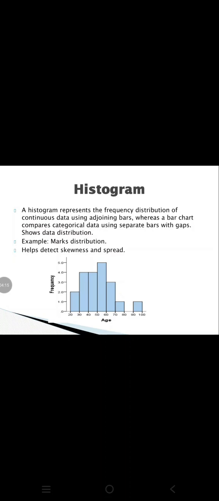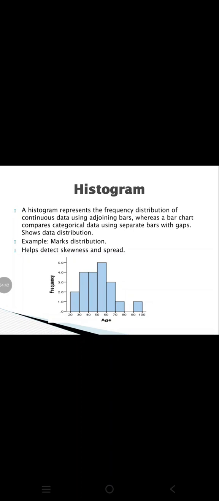The x-axis represents age groups or age intervals such as 20 to 30, 30 to 40, 40 to 50, and so on. The y-axis represents the frequency, which shows the number of people in each group. Each bar represents the count of people whose ages fall within a particular range. From the histogram, we can observe that most of the people fall in the age range of 40 to 60, where the bars are tallest.